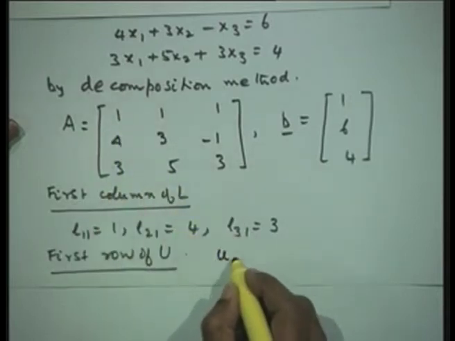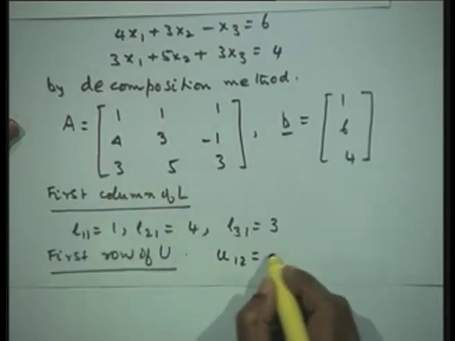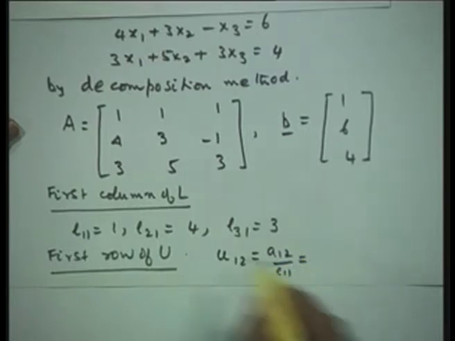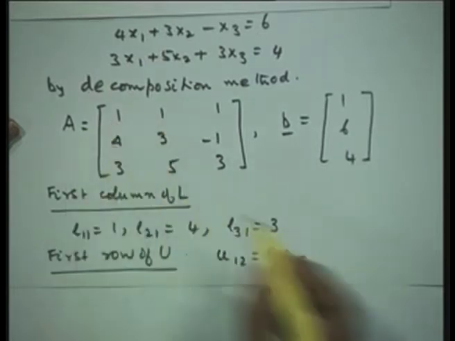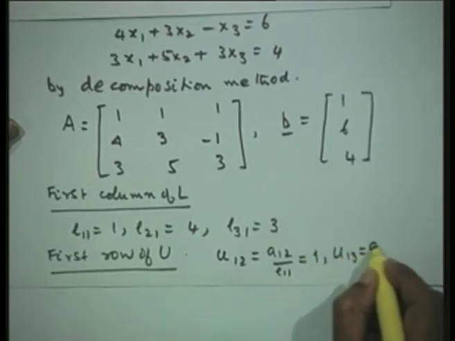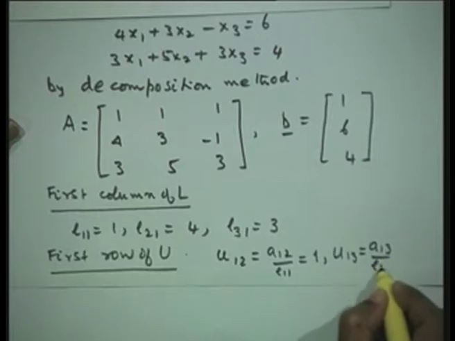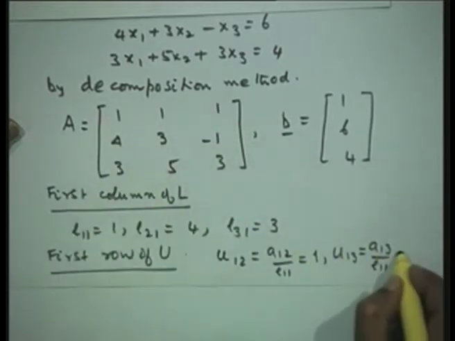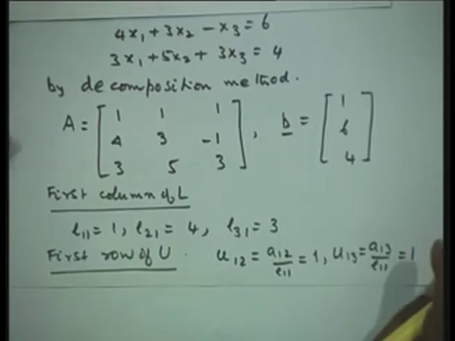Therefore, U12 is equal to A12 by L11. A12 is 1, L11 is 1, therefore, its ratio is 1. U13 is A13 divided by the pivot. A13 is 1, again pivot is 1. So, I will have this as 1.